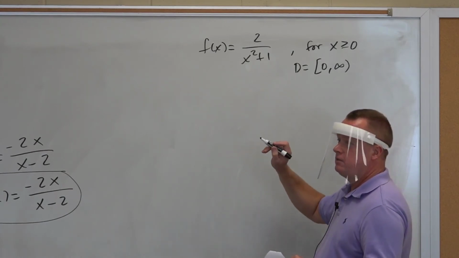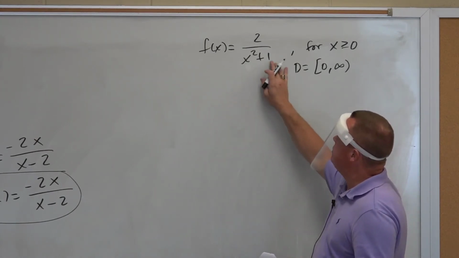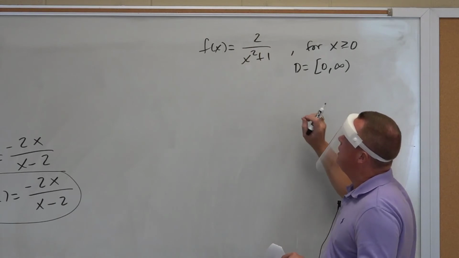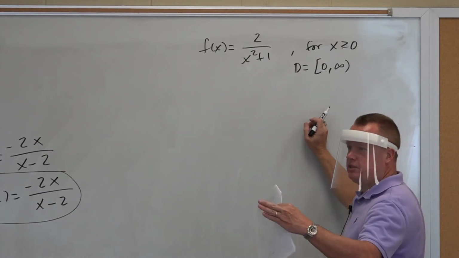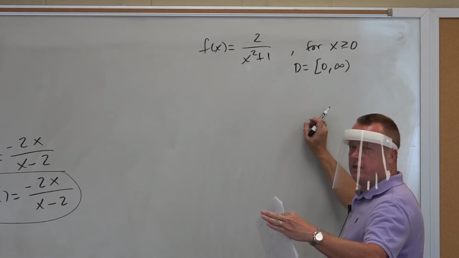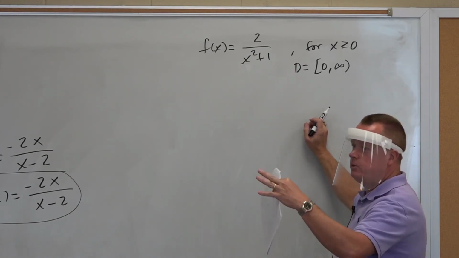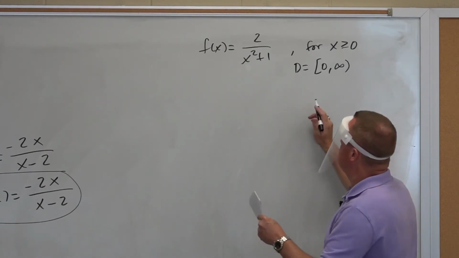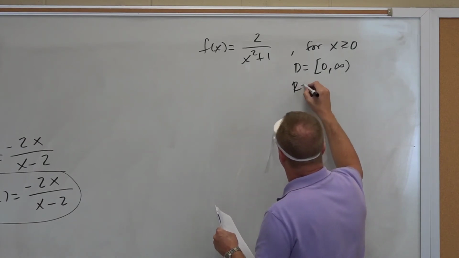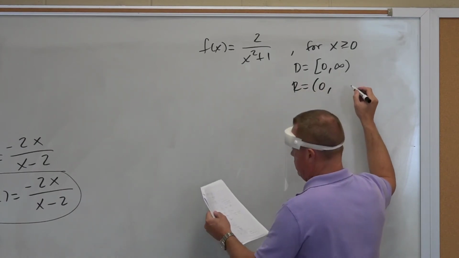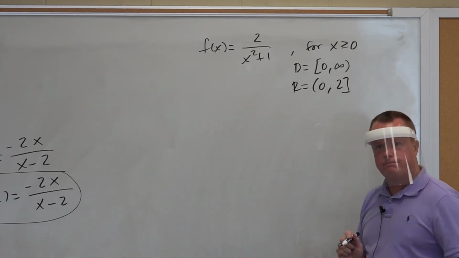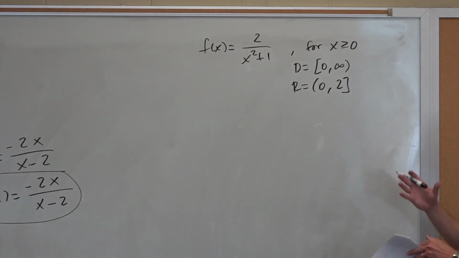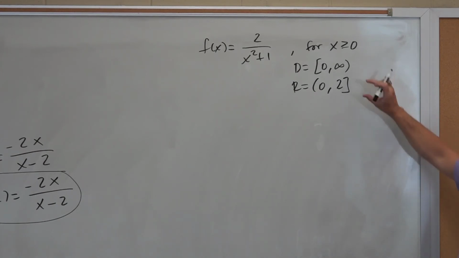Can this equal 0? It can't equal 0, but it can equal everything up to 0, right? So it'd be like an open interval. It's not going to include 0, but everything up to it. So we would say the range then, 0 up to 2. That makes sense? Okay.